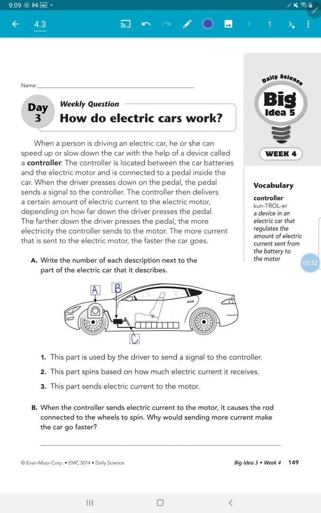So yeah, the coil is going to receive the current from the controller, and the more current makes the rod spin faster, and when the rod's spinning faster, it's turning the motor faster to make the car go. Okay? So remember that word coil when you're answering your questions, okay? You may go ahead and go to today's Thursday science assignment.